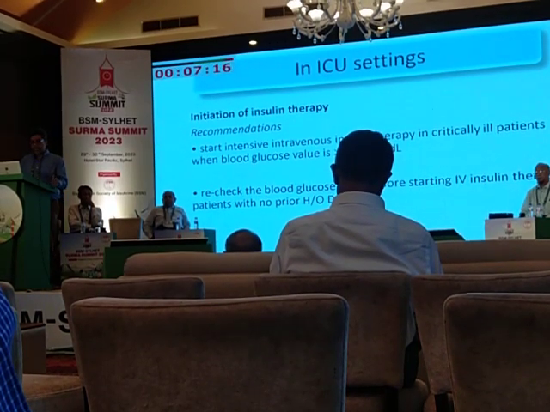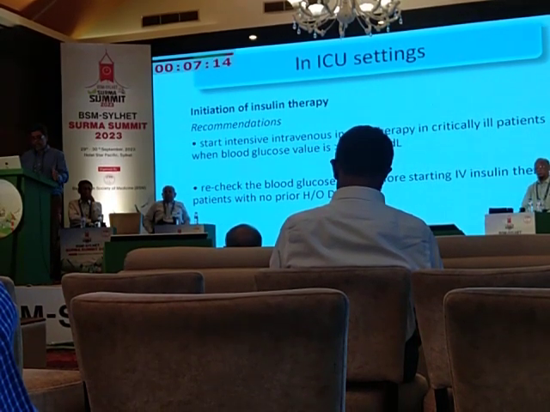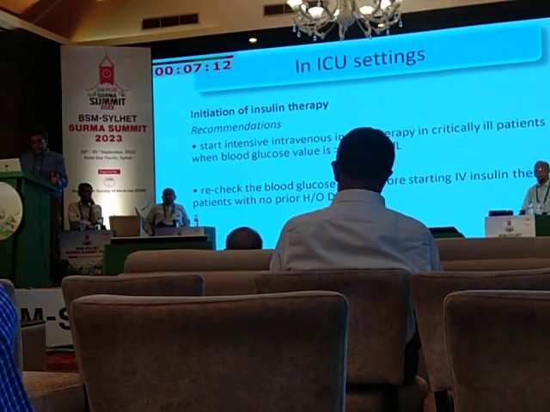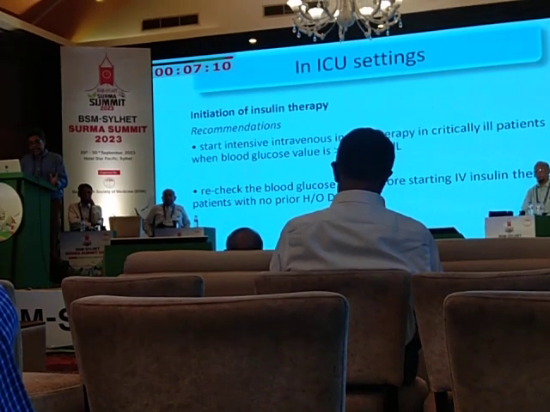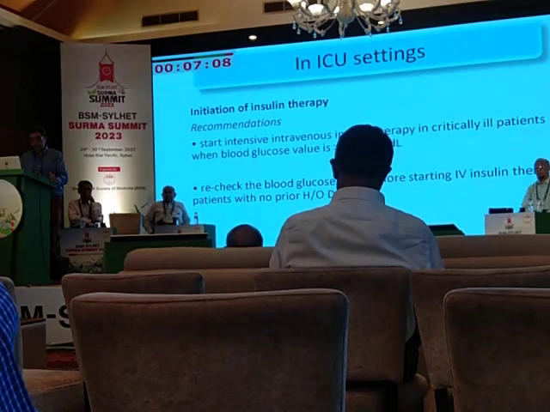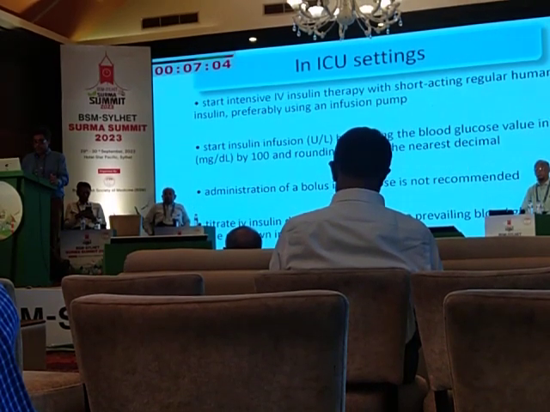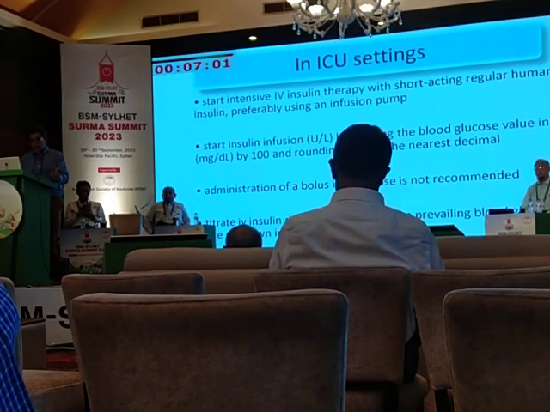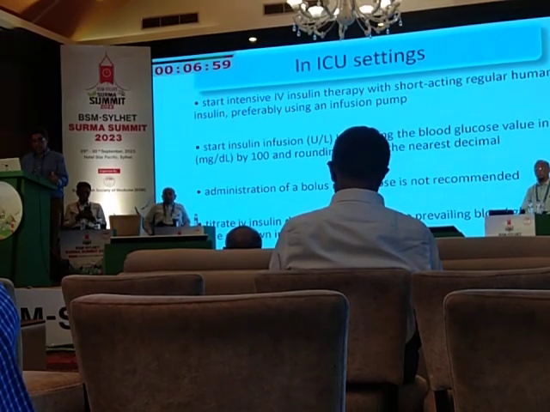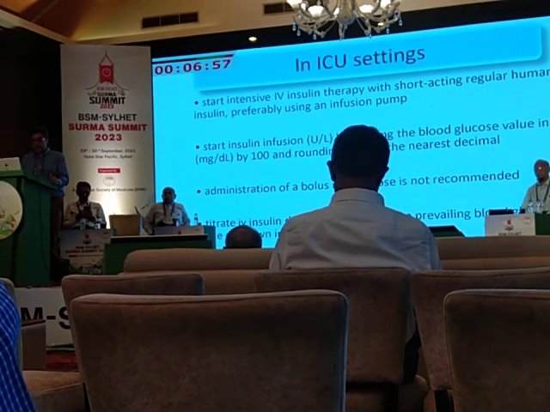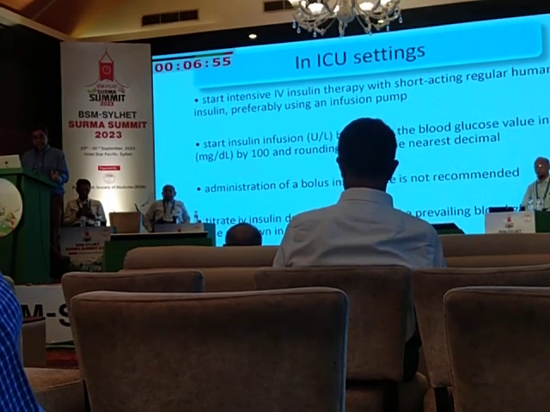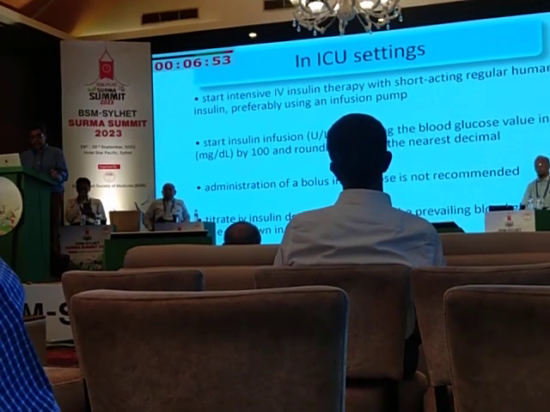So in the ICU setting, what is the recommendation? They recommend starting intensive intravenous insulin therapy in critical patients when blood sugar is more than 180, and IV insulin is the best option. The IV insulin therapy should use short-acting insulin, preferably with an infusion pump, and the insulin infusion should be started by dividing the glucose level.